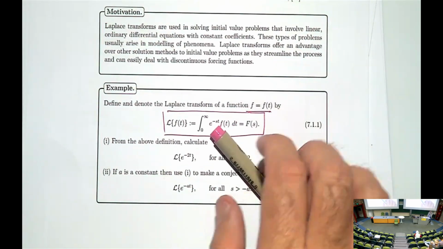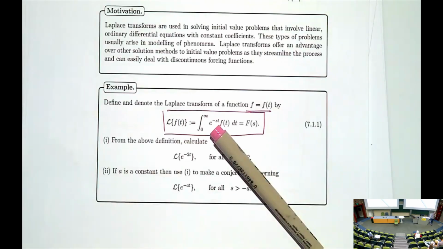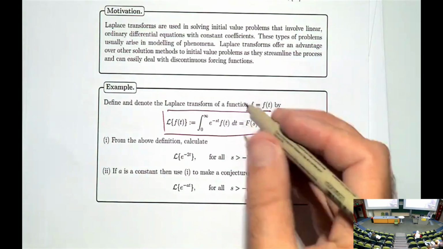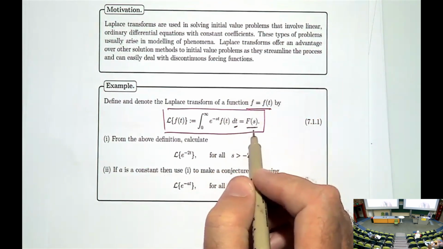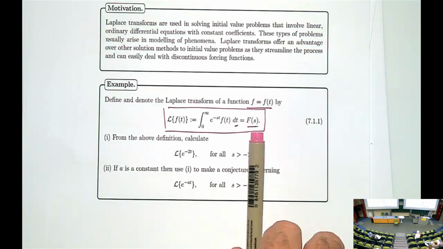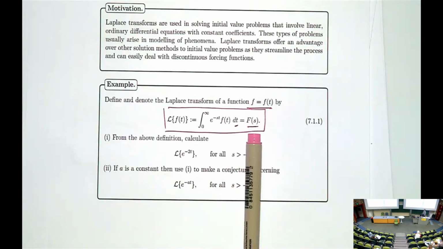Then you integrate the product over the half line with respect to t. There's a whole bunch of notation you can use for this: we use curly L or capital F. Note that because we're integrating with respect to t, and there's an s in there, the whole thing will actually be a function of s.